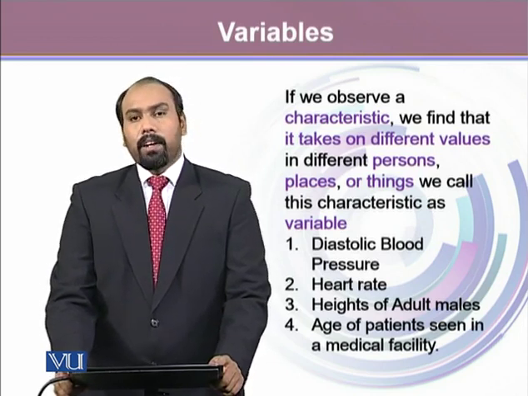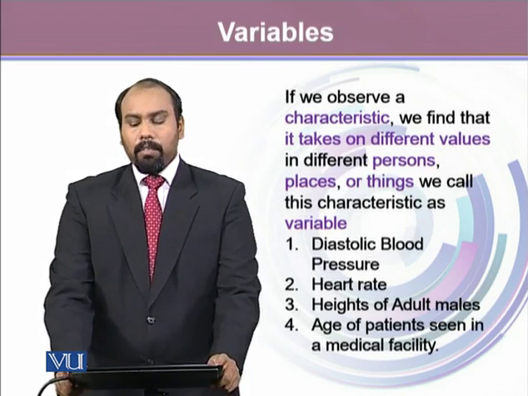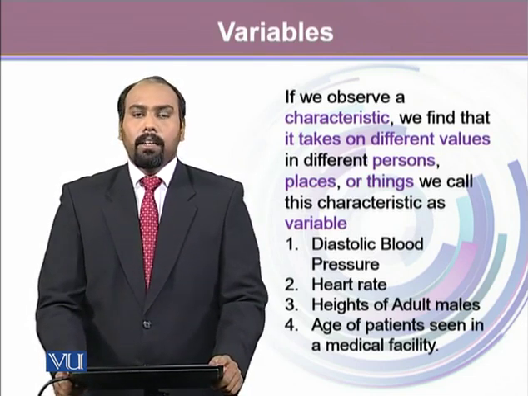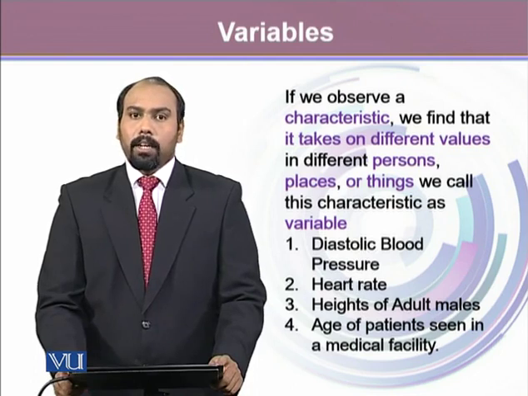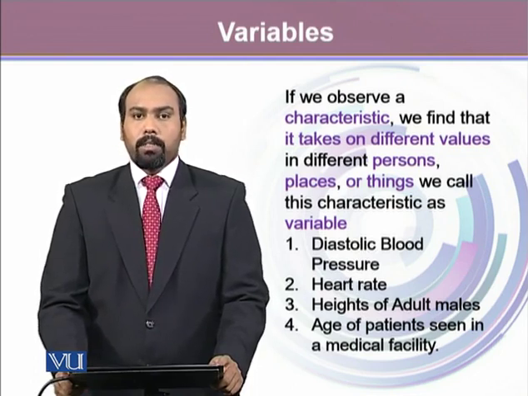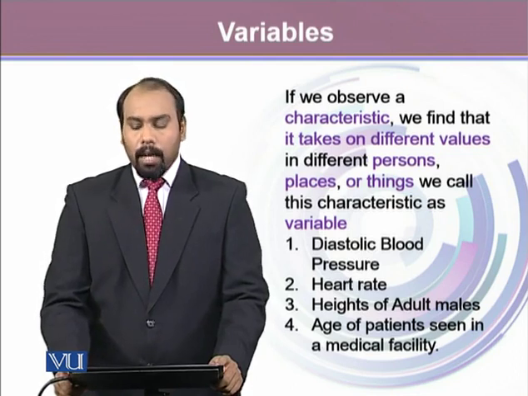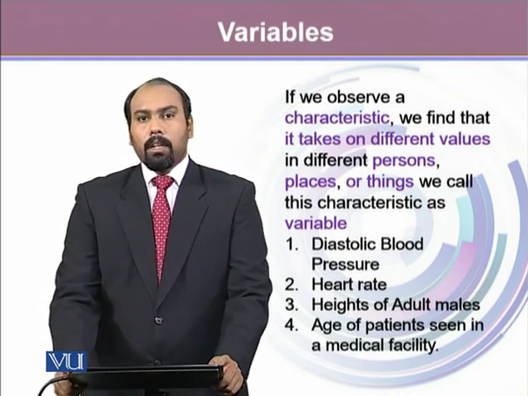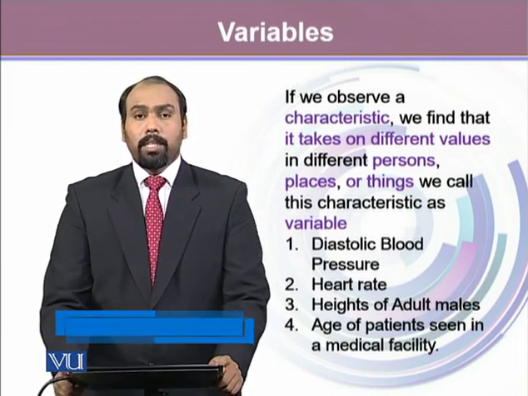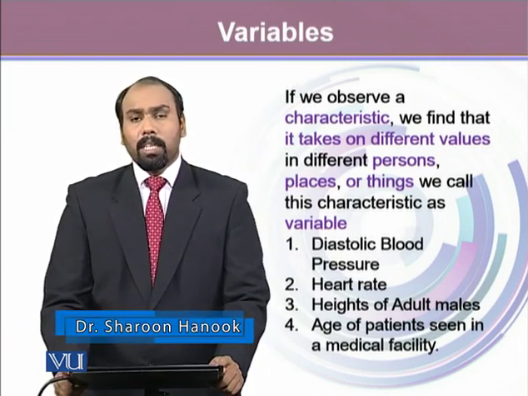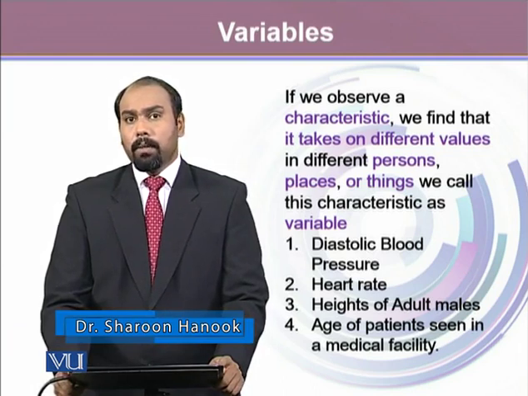If you observe a characteristic, we find it takes different values, and any characteristic that varies across individuals or population of our interest is called a variable. Like you take diastolic blood pressure of multiple patients coming into the hospital.